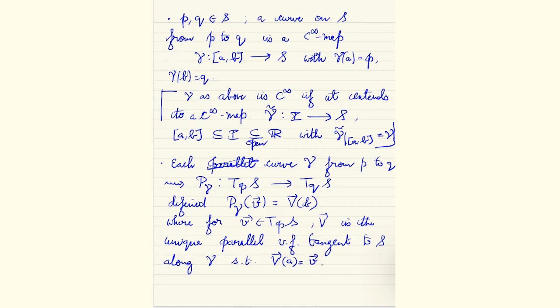Then you look at whatever the image is at b, and you define this to be the map.